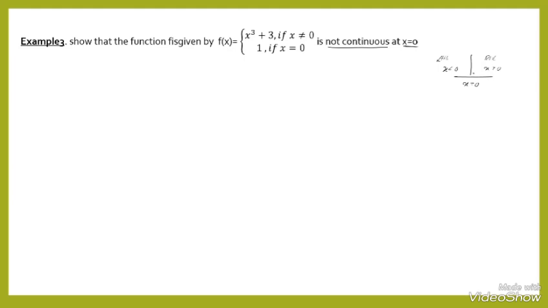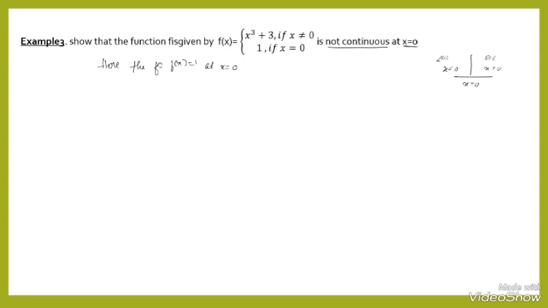This is just for our understanding. Now let's discuss the function. Here the function f of x is equal to 1 at x is equal to 0. They already gave that the function is defined.